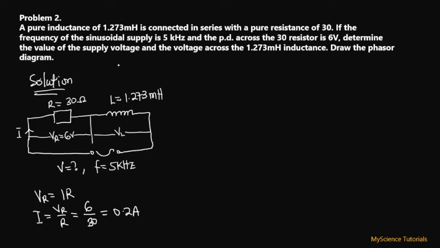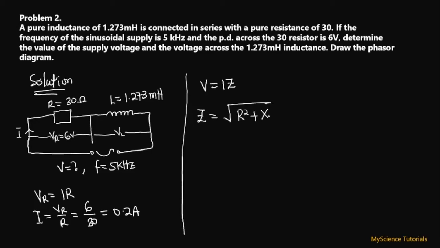Now, the next thing we want to do is to find the supply voltage. The supply voltage is given as V equals IZ, where Z is the impedance of the entire circuit. We've already found the current, but we do not know our impedance, so we need to find it. The impedance is the root of the resistance squared plus the inductive reactance squared. We do not know our inductive reactance either, so we have to find that.